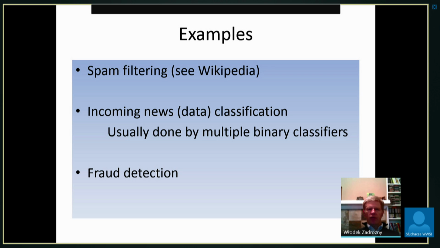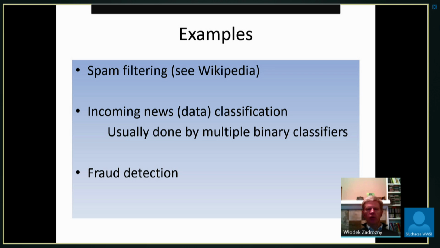Yet another example of classification would be news classification or some other data classification. Very often we want multiple categories. So for example, we want to classify news into sports, politics, money, and we perform this classification by using multiple binary classifiers. So for example, we say that the article is about money or is not about money.